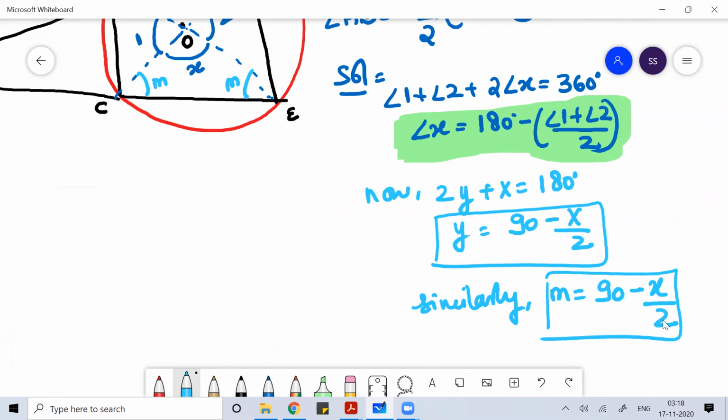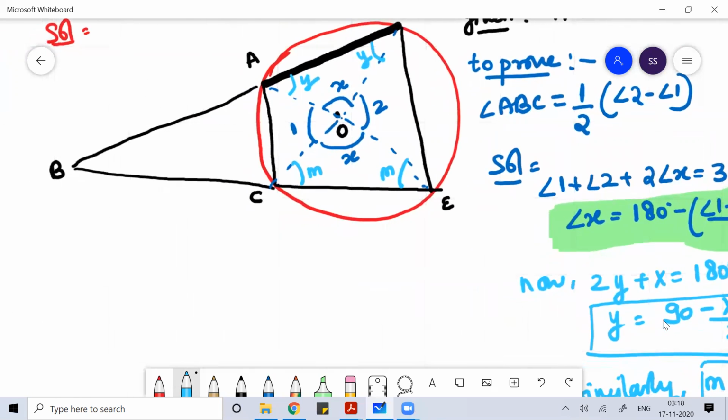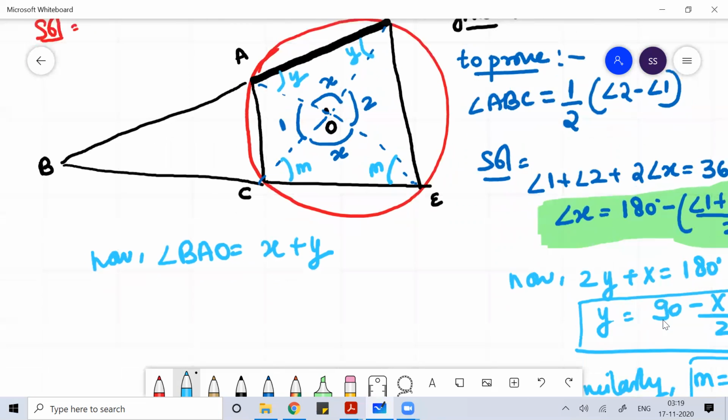If I see this angle BAO, then it is an exterior angle of the triangle. Angle BAO will be equal to x plus y, since the exterior angle of a triangle is equal to the sum of the interior opposite angles.